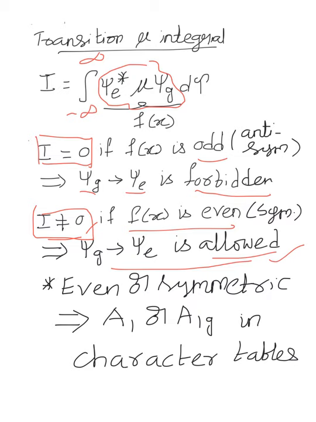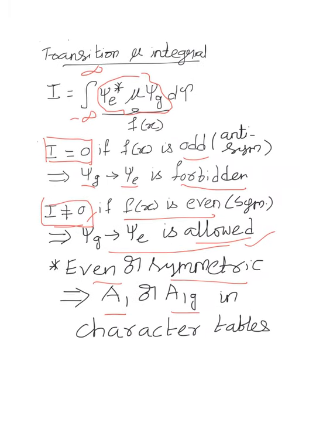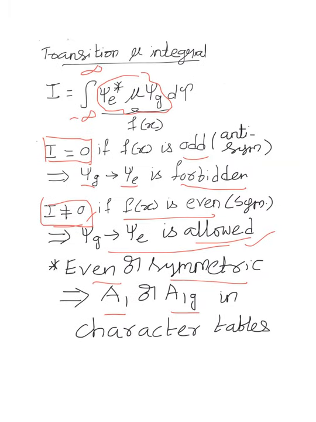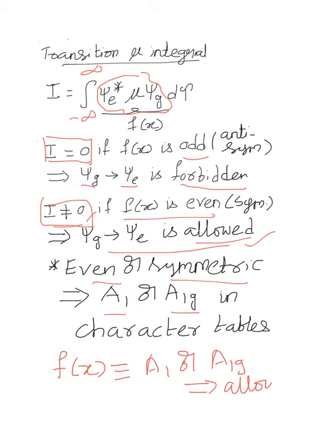In terms of character tables in group theory, an even or symmetric function is always represented by the Mulliken symbol A1 or A1g. So, if the final symmetry of f of x is either A1 or A1g, then the transition is an allowed transition. Otherwise, the transition is forbidden.